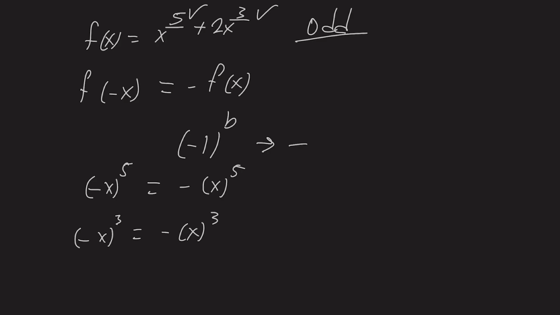So that means that if I rewrite this function f of x down here as negative x to the fifth plus 2 times negative x to the third, that's going to equal negative x to the fifth minus 2x to the third. So I'm going to factor out my negative 1, and I'm going to rewrite this as negative 1 times x to the fifth plus 2x to the third.